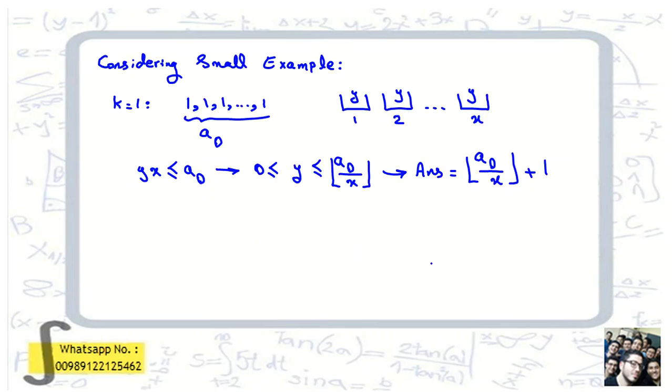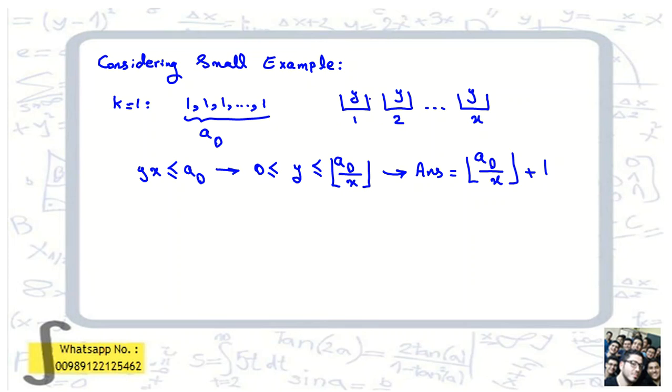That was the problem. So for these problems, considering a small example is really important. For example, try to consider a small example of K when you have one type of biscuit. So suppose that you have A0 biscuits of type 0, all with tastiness 1.